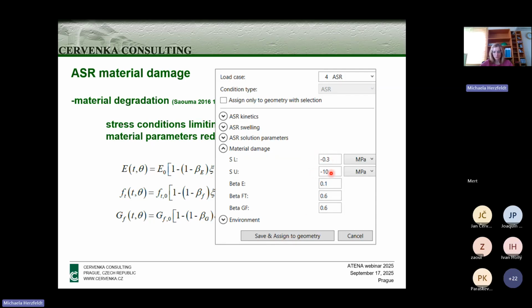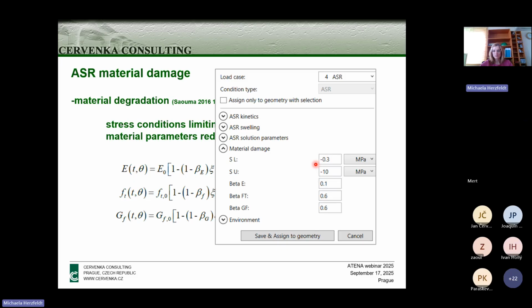And there are also these two parameters. This one, -10, is 10 megapascals. That is also reported in literature. That is compression that is high enough to completely stop ASR. And this other limit, just 0.3 megapascals in compression, is something that you can limit also, below which this effect of limiting ASR due to compression is completely omitted.